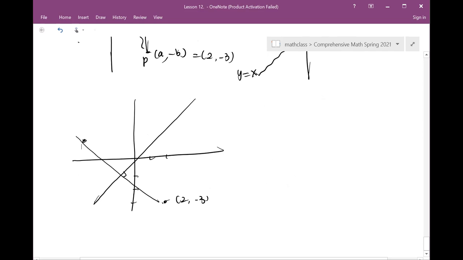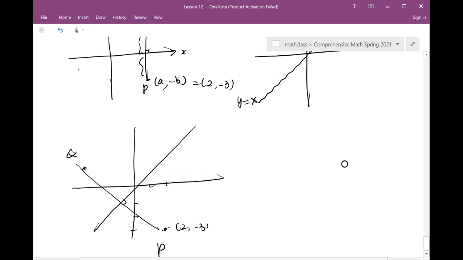Okay. How do you quickly find the point Q? Okay. The idea is, anyone has an idea?